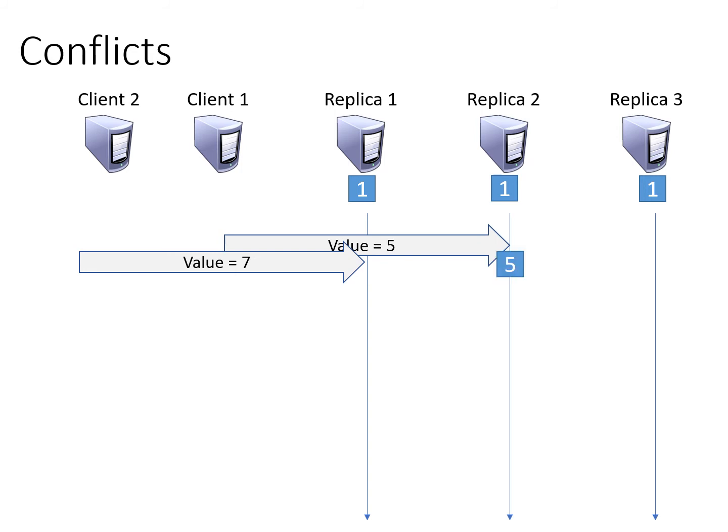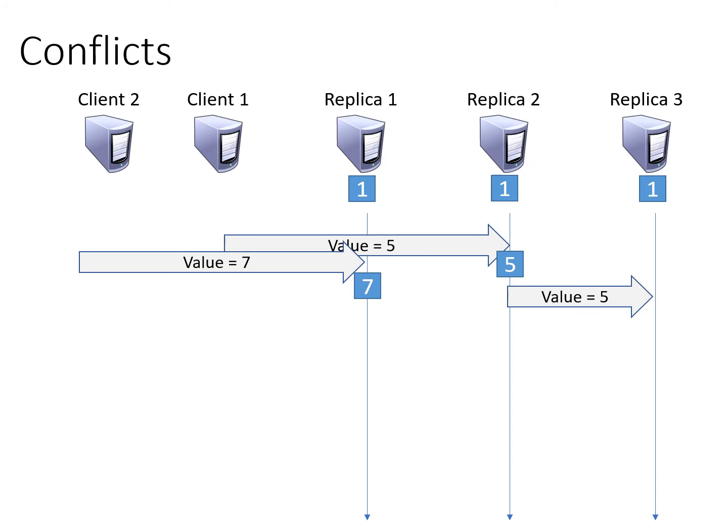So replica 2 sees the update and updates locally. Replica 1 sees the update and also updates locally. These are now the coordinating replicas for these 2 requests, and their job is to make sure that the other replicas have the same value.